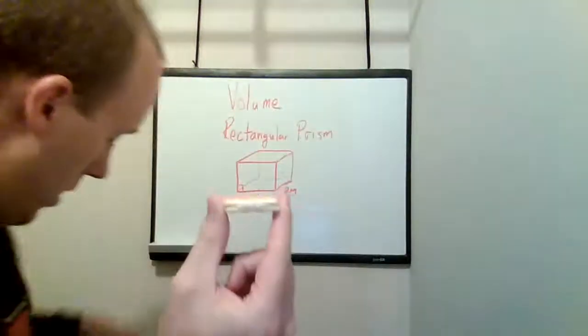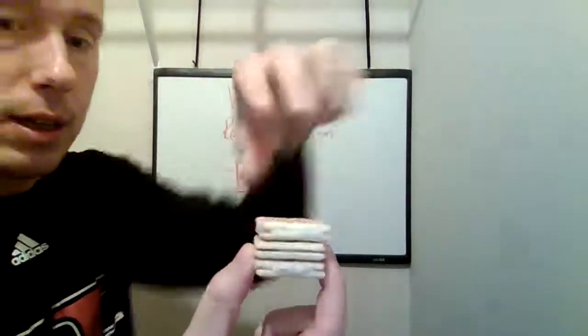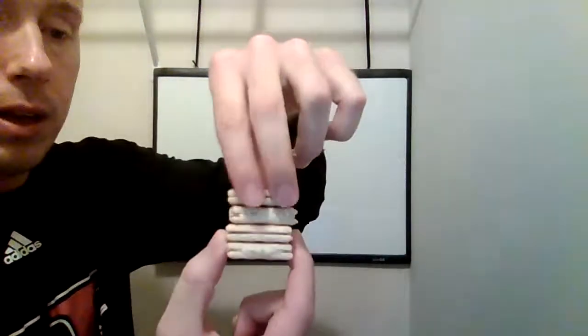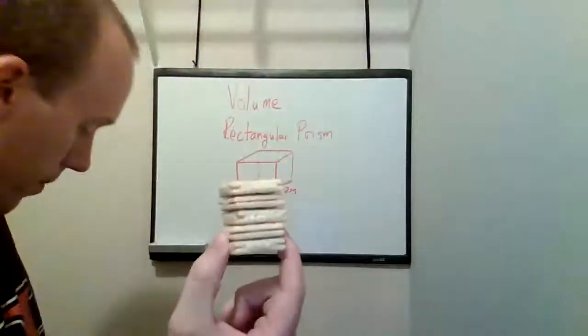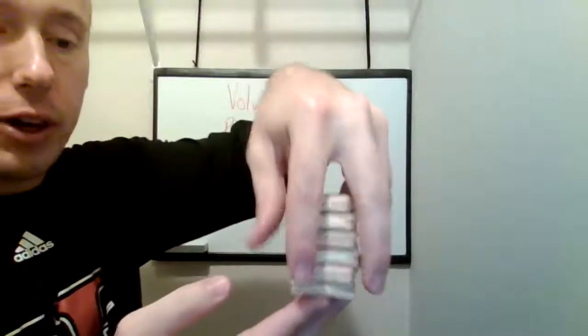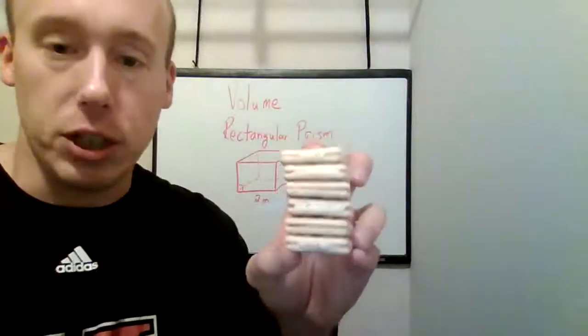But now, if I stack these crackers on top of each other, what was just a flat area now has a third dimension, and that's what volume is. It's the measure of the third dimension.